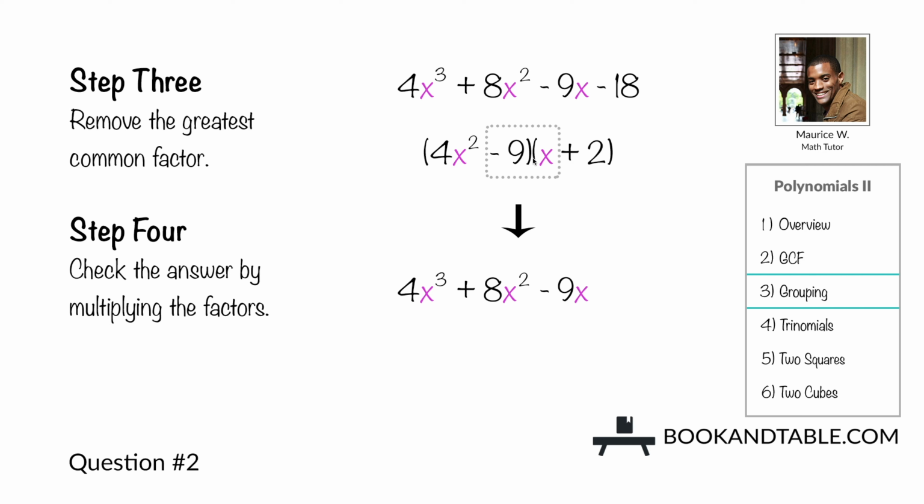Then we have negative 9 times x, which gives us negative 9x. And then we have negative 9 times positive 2, which gives us negative 18, thus confirming that our final polynomial matches our original polynomial, which means we found the correct factors, 4x squared minus 9 and x plus 2.